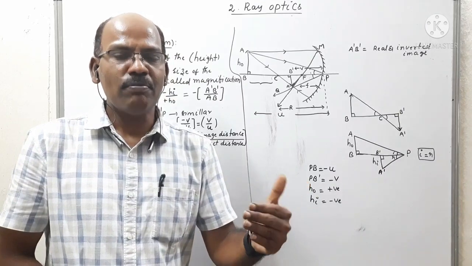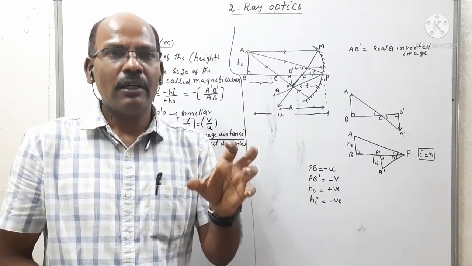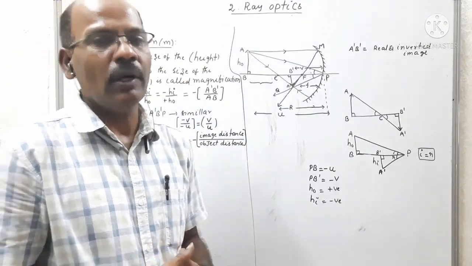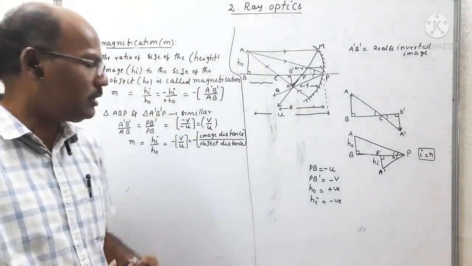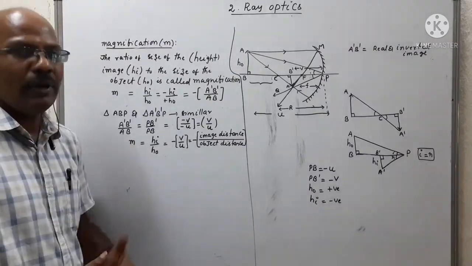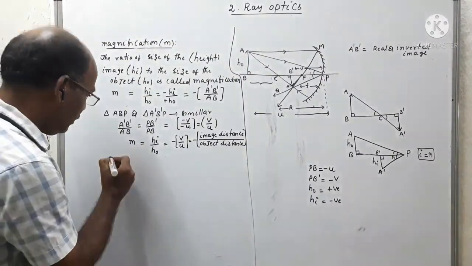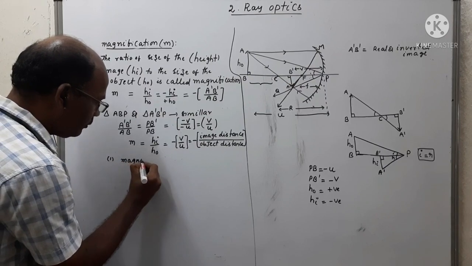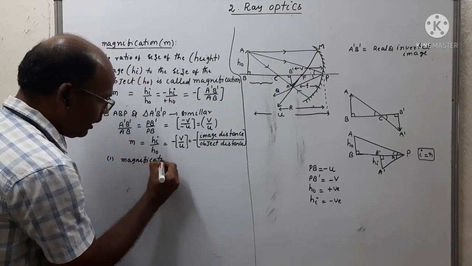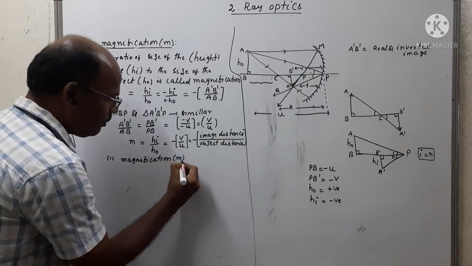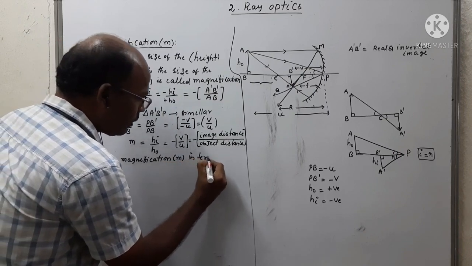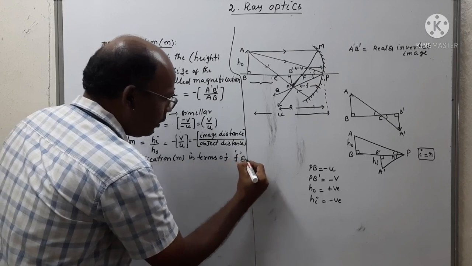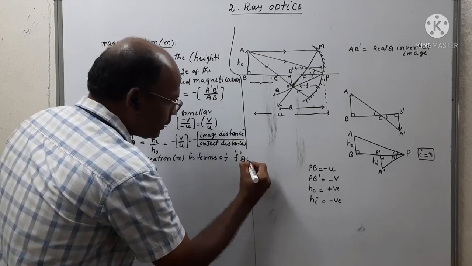Whether it is magnified, meaning enlarged, or smaller in size than the object, can also be explained based on the value of magnification. First we write the magnification m in terms of f and object distance u.